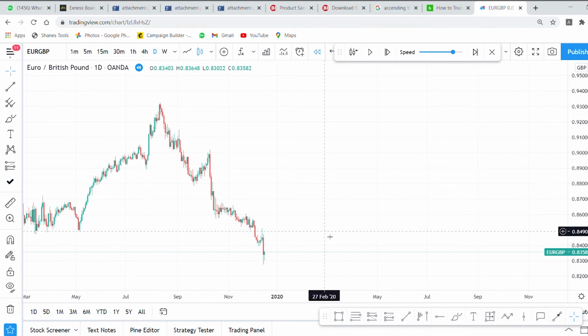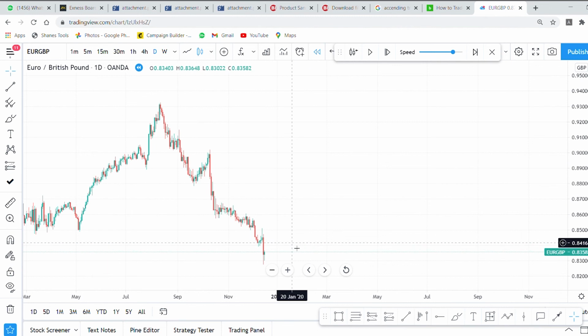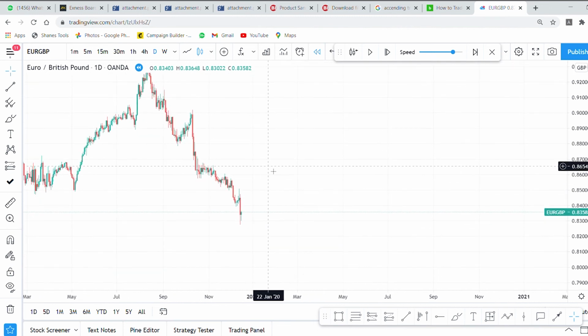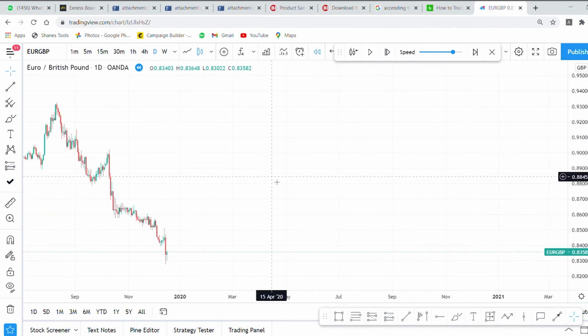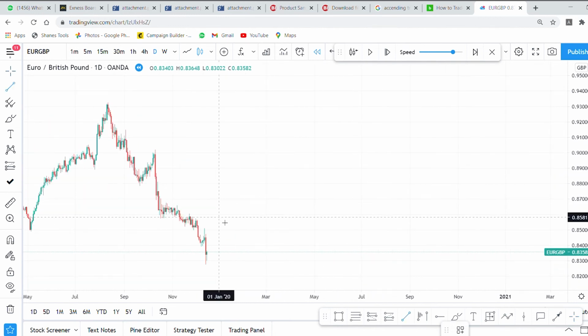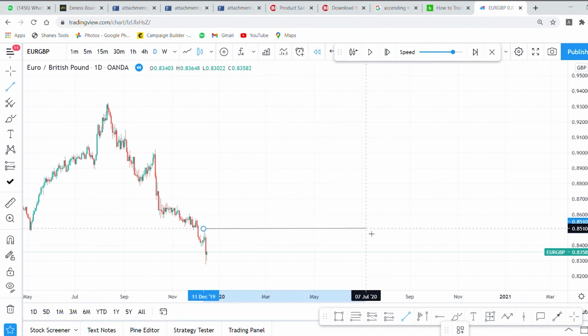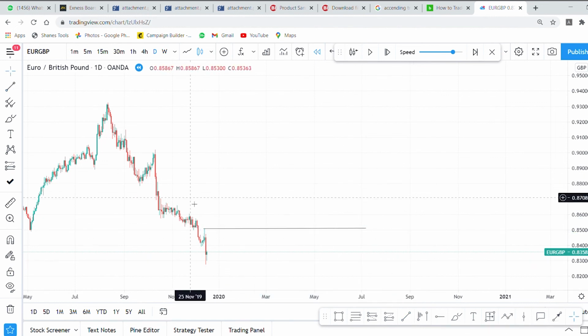Let's say one way or the other now, I had a reason to buy this pair. Okay, where are my next liquidity points? The previous major highs and major lows are my liquidity zones. Okay, I have this one here as a liquidity zone. I have this one here. This is another high.